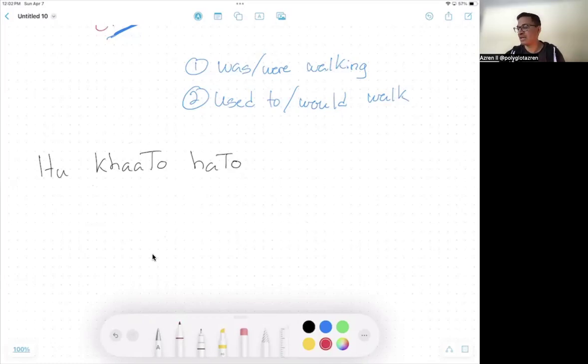Yeah, again, remember, we're going to pronounce it katoto. We write it kato hato, but we say katoto. Katoto. We know that this could mean, if I don't give you any context, I was eating, right? Or I used to eat.